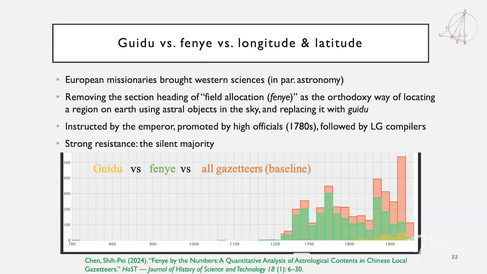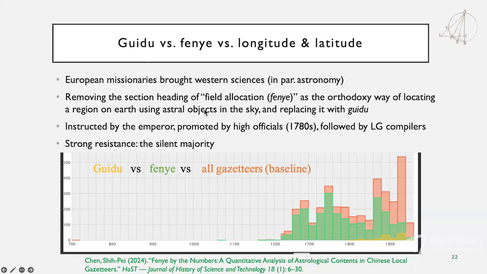constellation in the sky. But since the 16th century, the European missionaries brought in the Western sciences, and they are so accurate that they can identify a place by its longitude and latitude. So this basically replaced the 分野 system, the field allocation system using the stars.